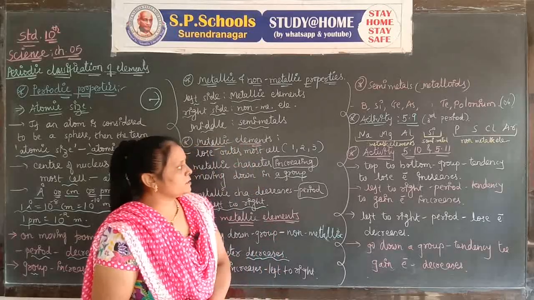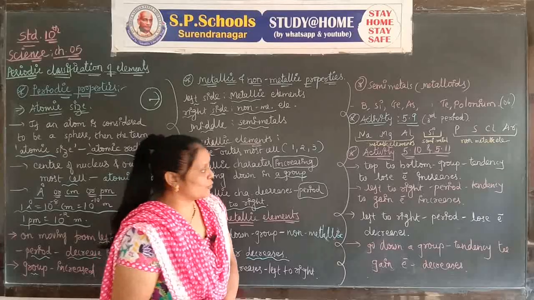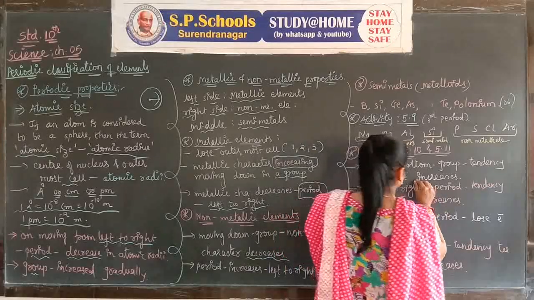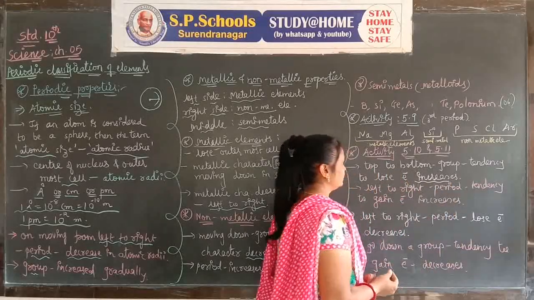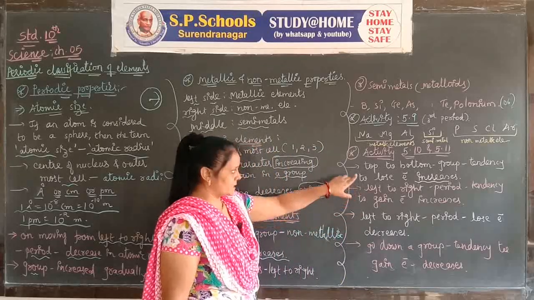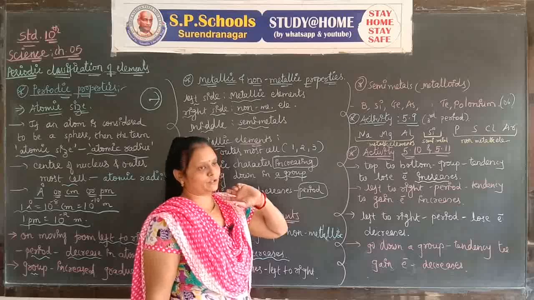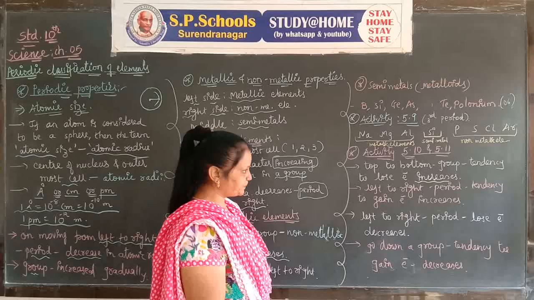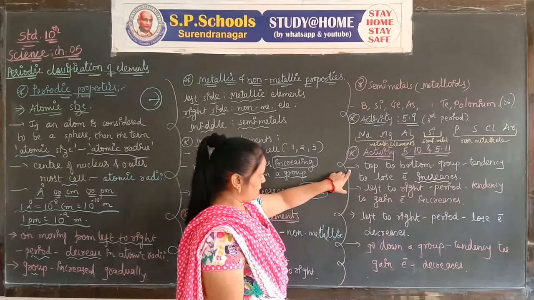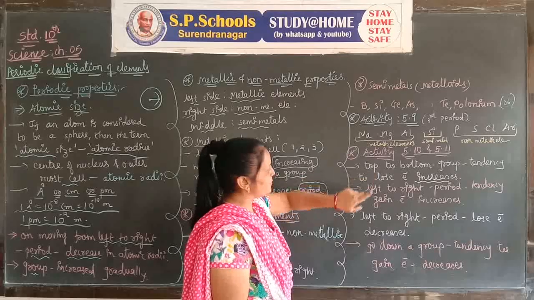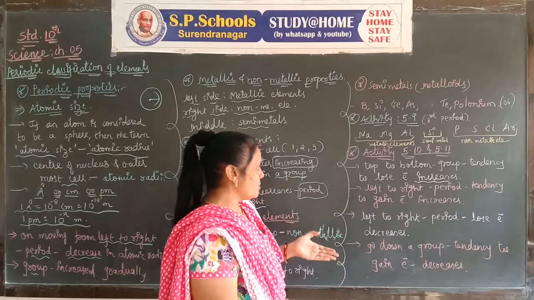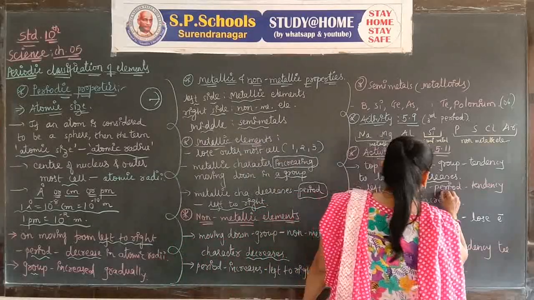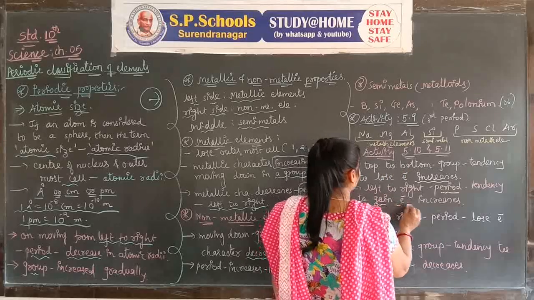If we go top to bottom in a group, the tendency to lose electrons increases. I can write the activities combined: question number 1 for 5.10 and question number 1 for 5.11. When we go left to right in a period, the tendency to gain electrons increases.